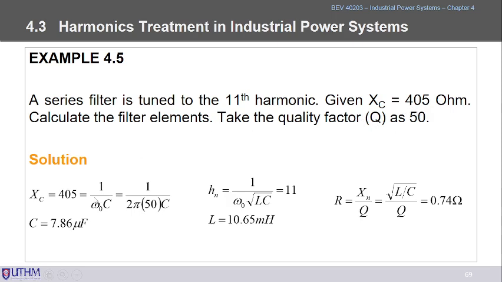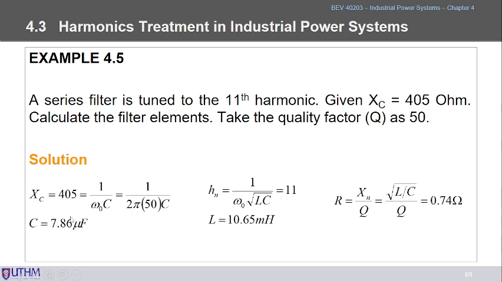So very quickly you can use those formulas. You can find the XC. It's given as 405. It is equal to 1 over omega naught C, where omega naught is 2 pi F, F is 50 hertz, and so you can find the C here. Further, you can find the H. H is 11, since we tune at the 11th harmonic, and H is 1 over omega LC.